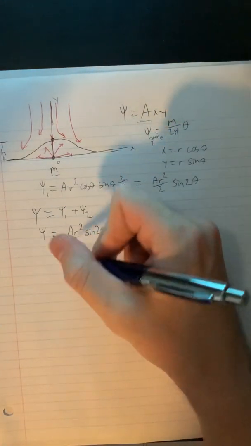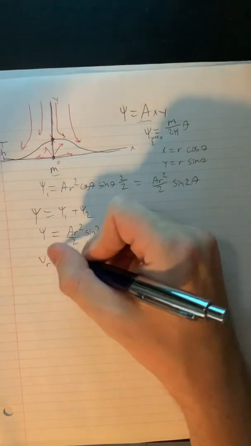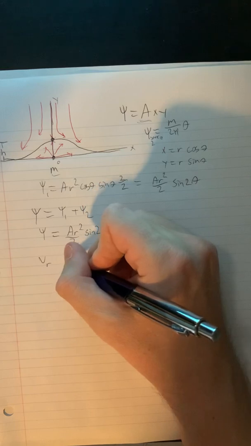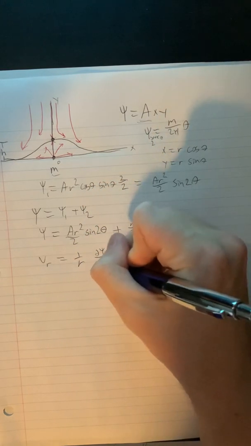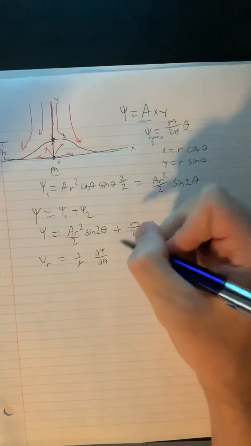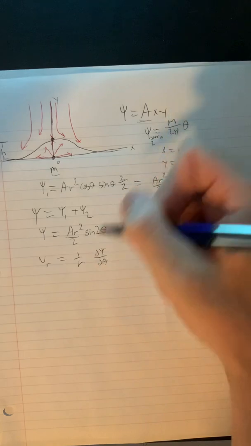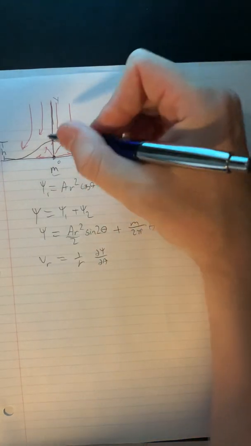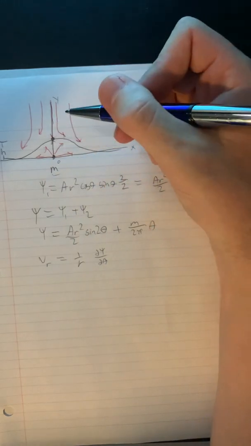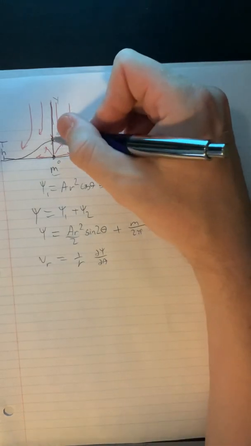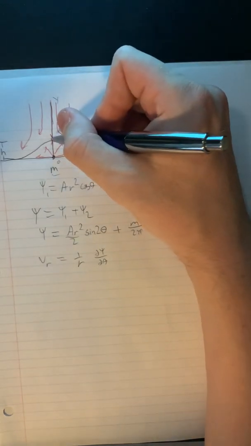So we know that the velocity with respect to R was defined as 1 over R d psi with respect to theta. So if we plug in our psi that we're given, we can find that velocity. And a stagnation point means there's no fluid movement at that point, so we can say that the velocity is 0 at these points.